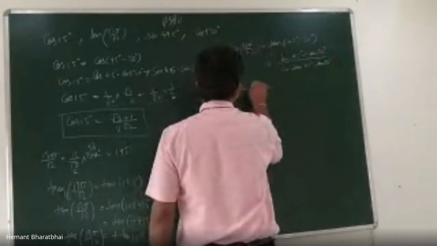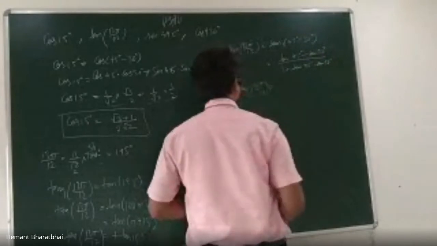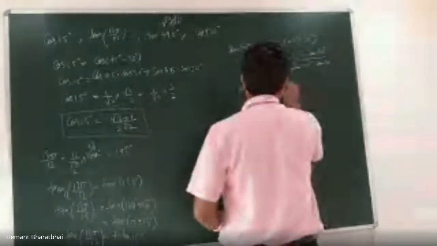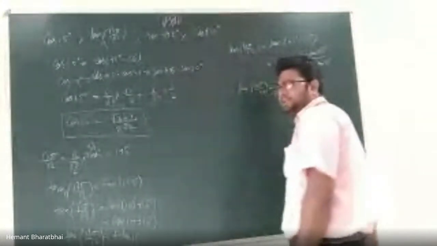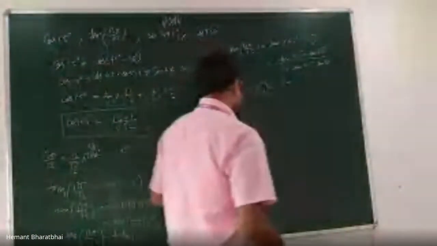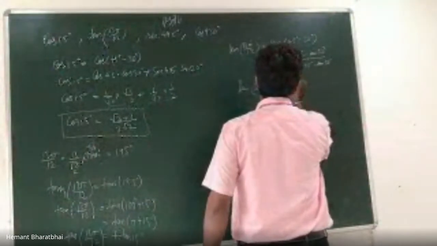Therefore, tan of 45 is how much? 1. Tan of 30 degrees is how much? If you don't remember, it's okay. Just remember that sin 30 is 1 by 2, cos 30 is root 3 by 2. So the 2 gets cut. Then we get 1 by root 3.